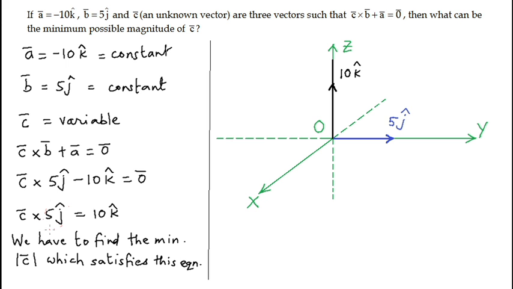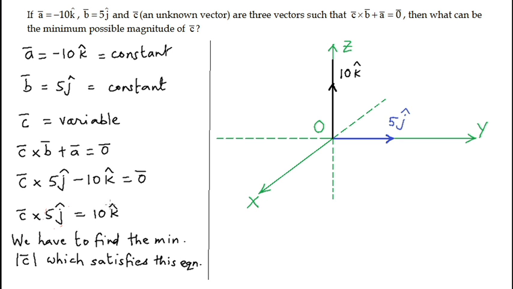What remains of course is to show the remaining vector c bar in the diagram, and we now proceed to try and get at least a rough idea of the direction of c bar so that we can then proceed to draw it in the diagram.